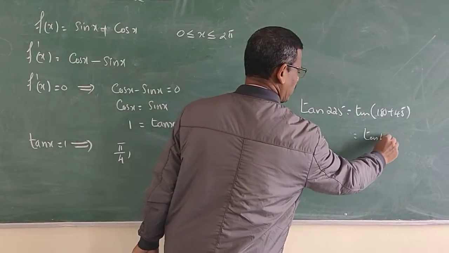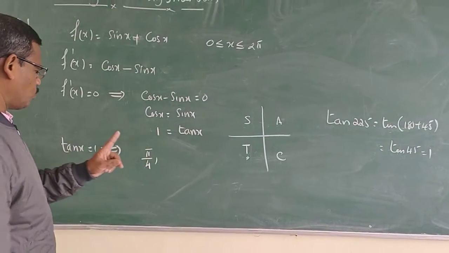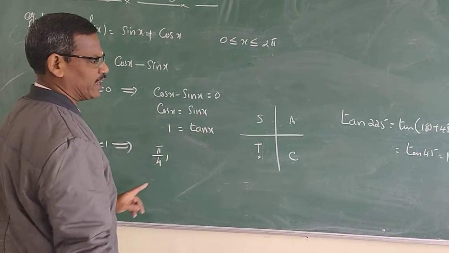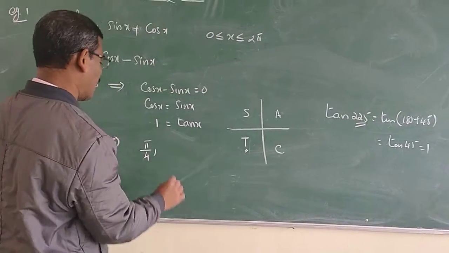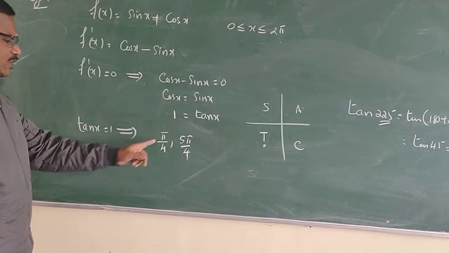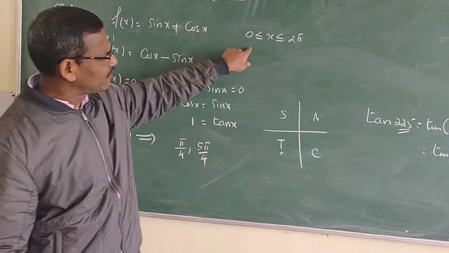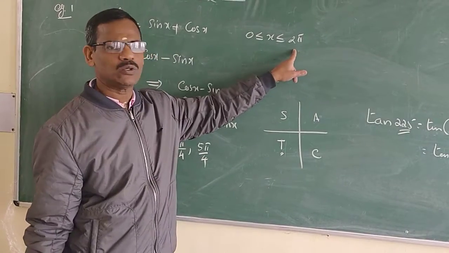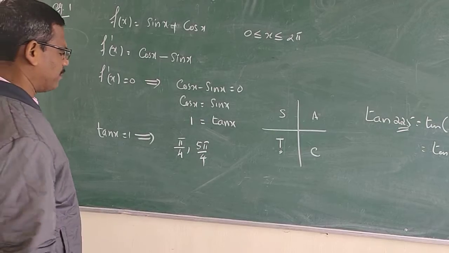So it is also tan 45, so you get 1. So there are two values: one is pi by 4, 45 degrees, and the other one is 225, which means 5 pi by 4. So these are the two points where tan x is equal to 1 within the given domain, 0 to 2 pi: pi by 4 and 5 pi by 4.